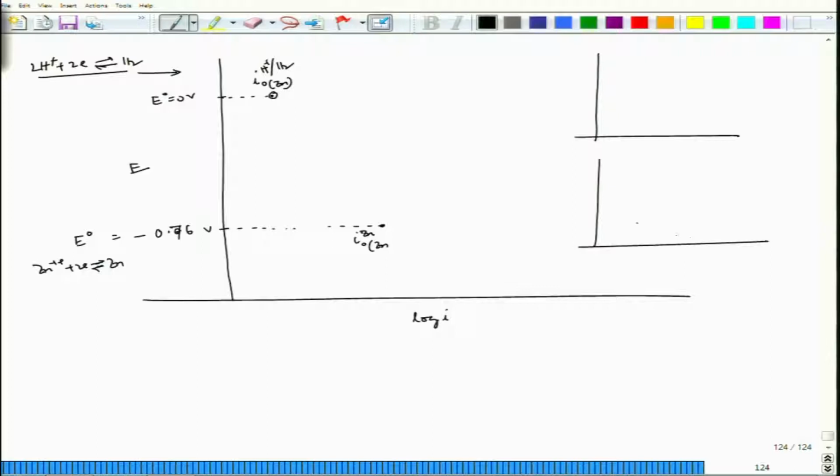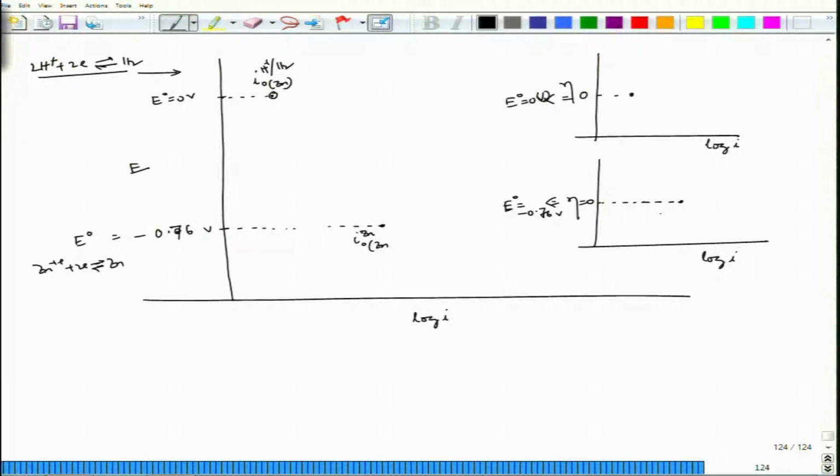is for zinc. If I try to see overvoltage as a function of log I, this is, let us say, 0, overvoltage equal to 0, which is actually indicating E0 to be 0 volt, and here eta equal to 0, this is indicating 0, which is actually indicating E0 equal to minus 0.76 volt for zinc.